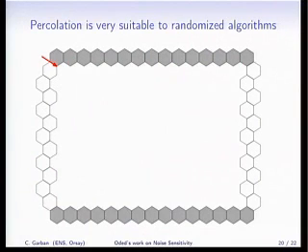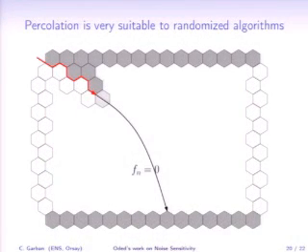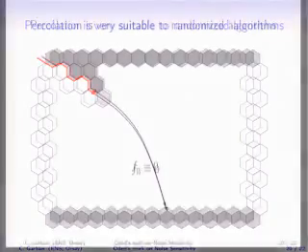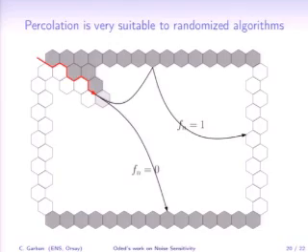So here, for the randomized algorithm, you can ask what is the value of the first hexagon, and depending on it, you continue your exploration path, and so on. If your exploration path ends up being here, the Boolean function is going to be 0, and else it will be 1.